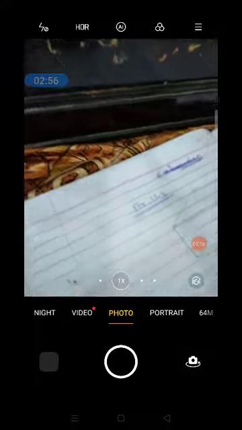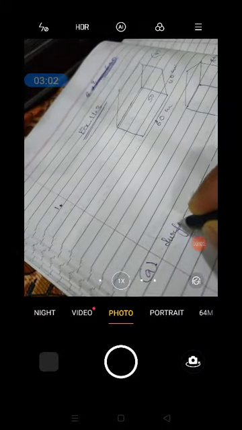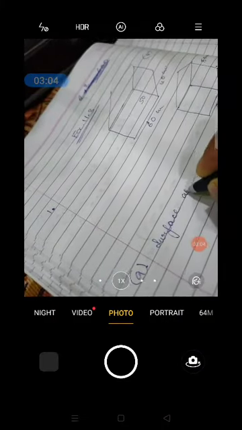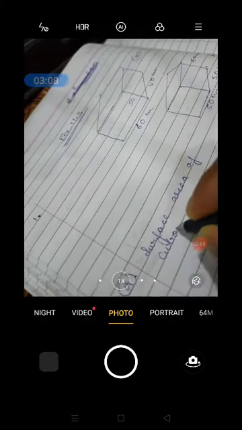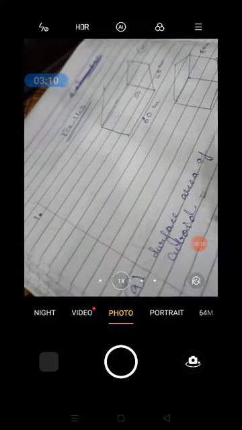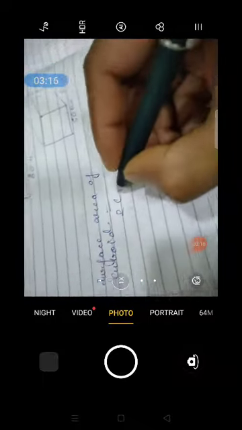In order to compute the surface area of the cuboid, you know it always: 2 into, I'll keep it here like this.